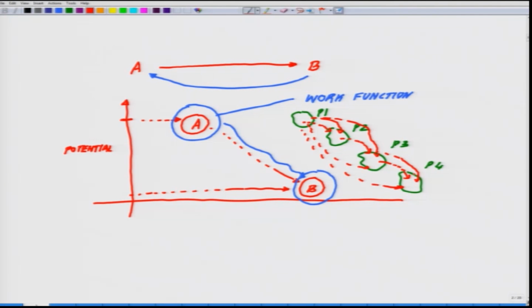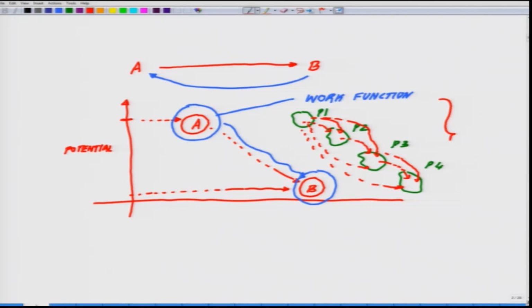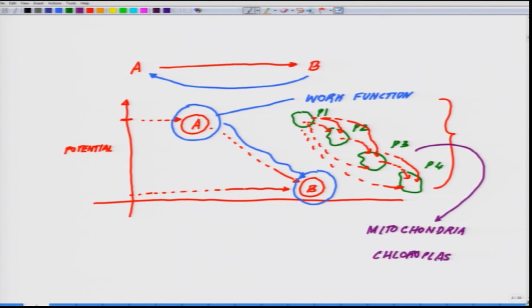Okay. So, there are several examples in biological systems, and these examples are especially widely seen in mitochondria and chloroplast, where you see the electron transport chains. Okay.